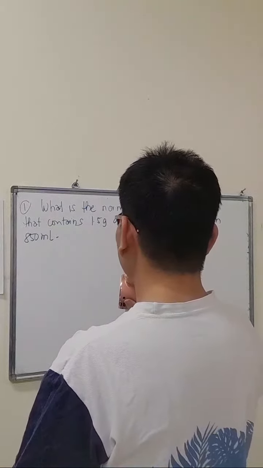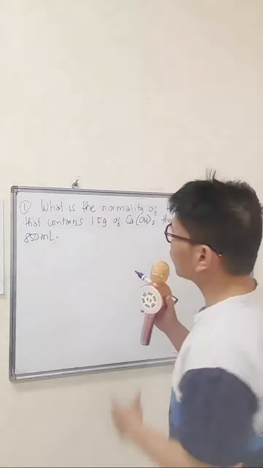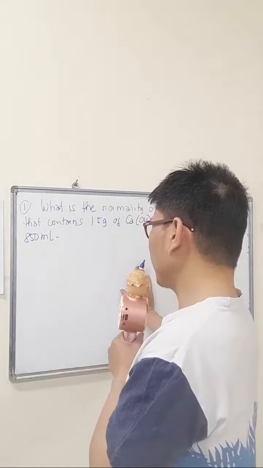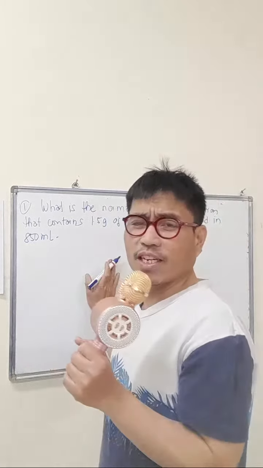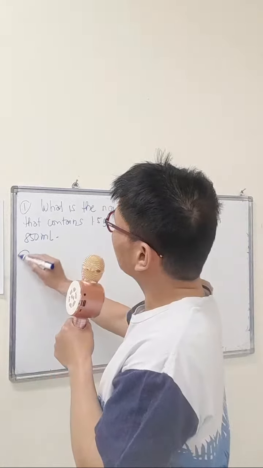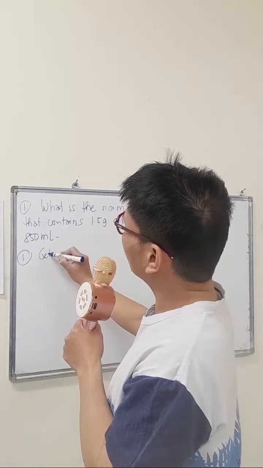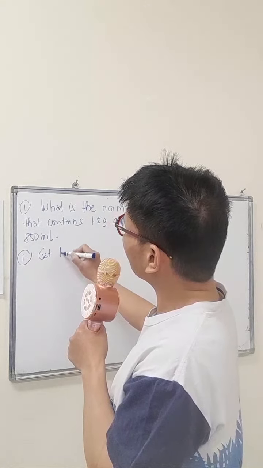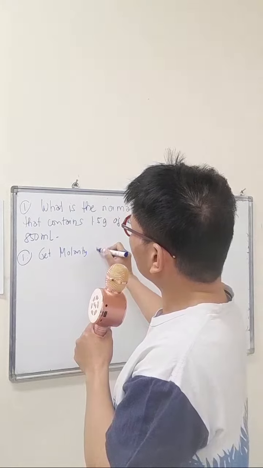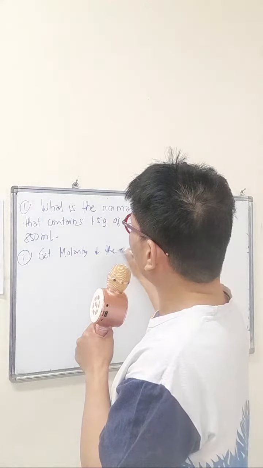So the first way to solve this one is to get the molarity first and then solve for normality. So this is the first step: get molarity first, and then solve for normality.